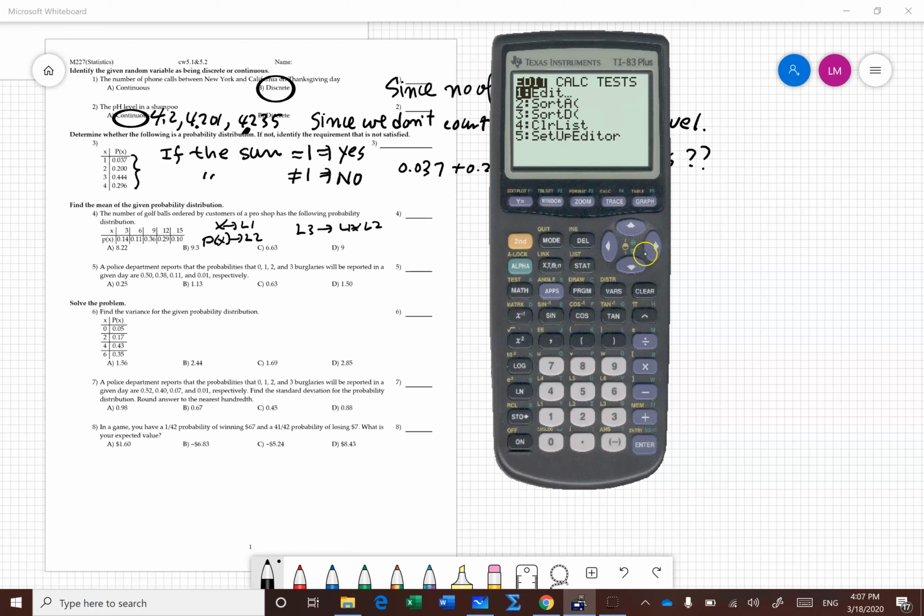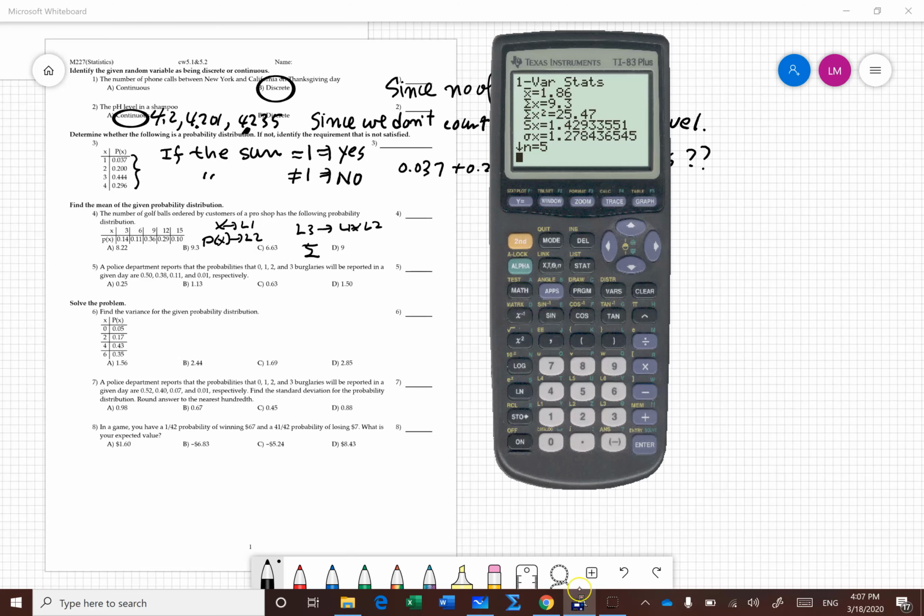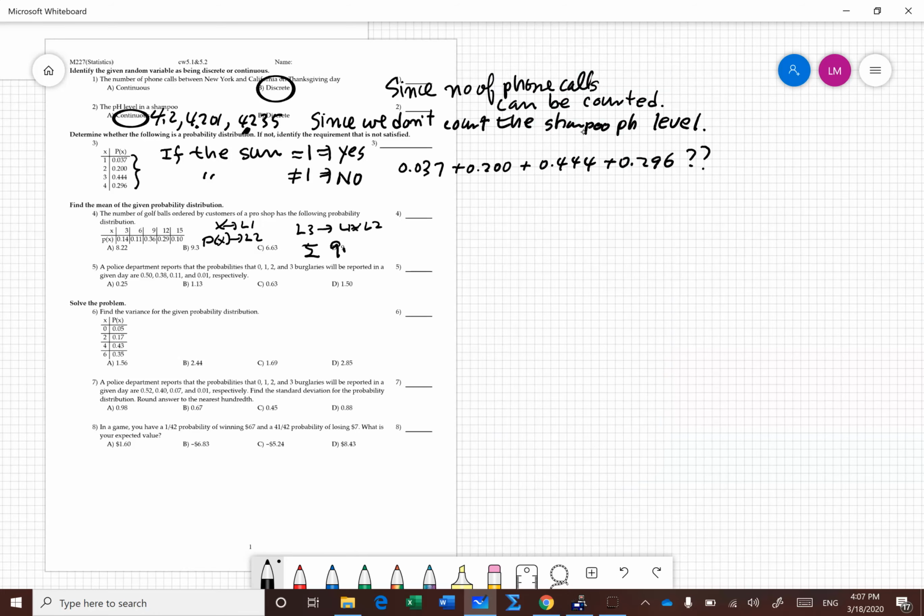So let's go to stat, calculate, hit enter, and L3. If you hit enter, what is the sum of L3? What number did you see? I believe it was 9.3. Is that right? So it is 9.3, so the answer is B.